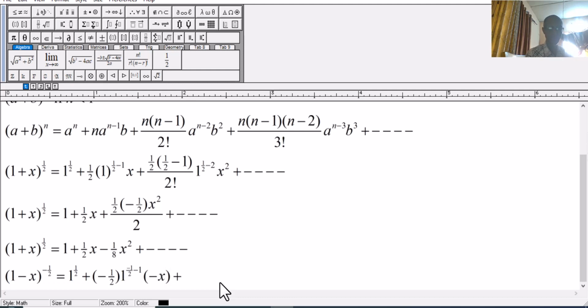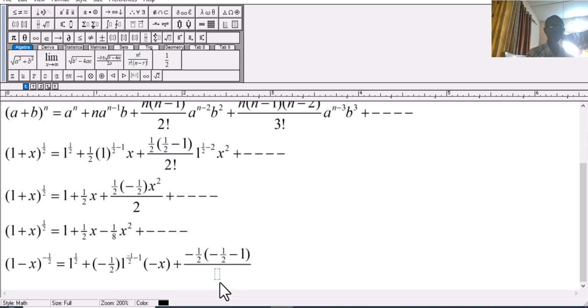So the next term that we're going to have, which is minus half, then the next one minus half minus 1, all over 2 factorial into 1.